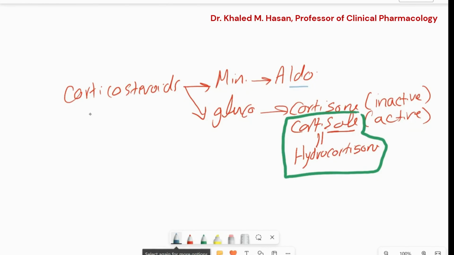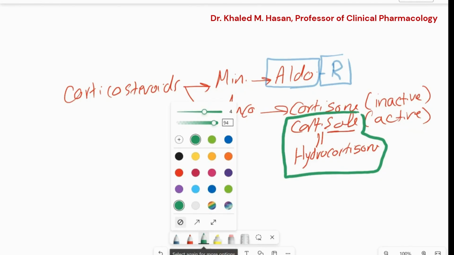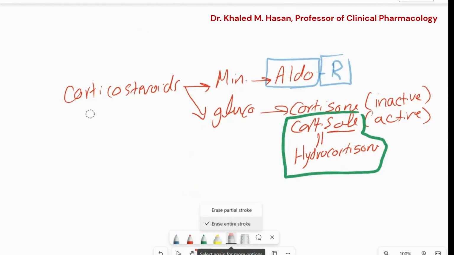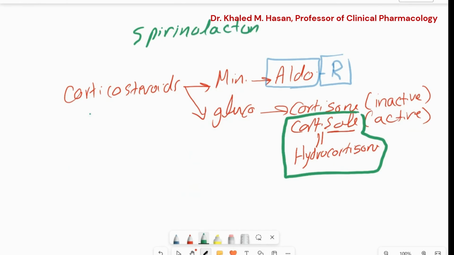So aldosterone works by binding to the receptor. So our medication, spironolactone, binds to the receptor and inhibits the receptor.